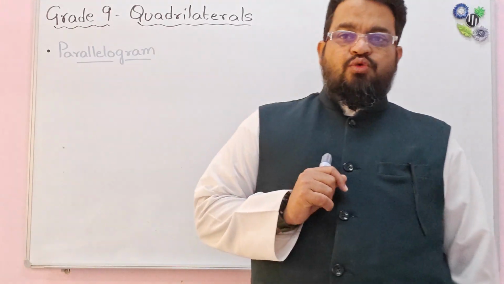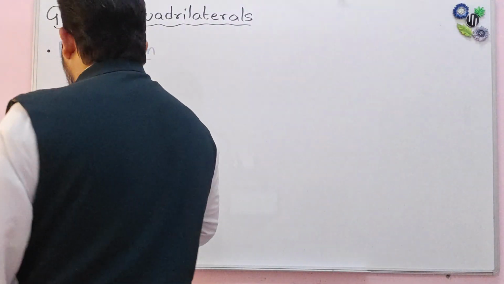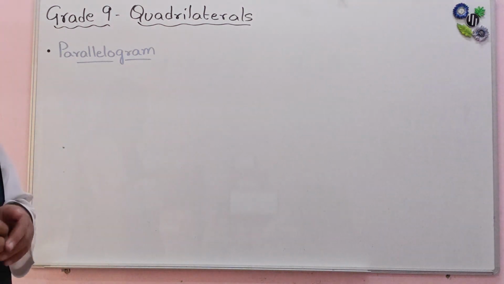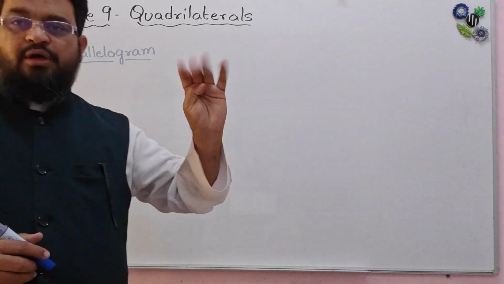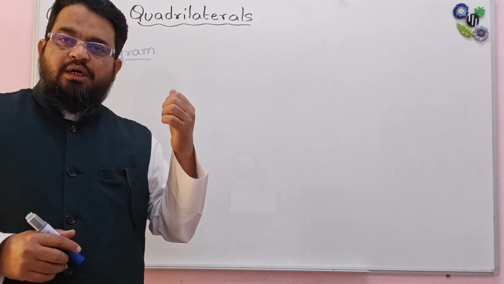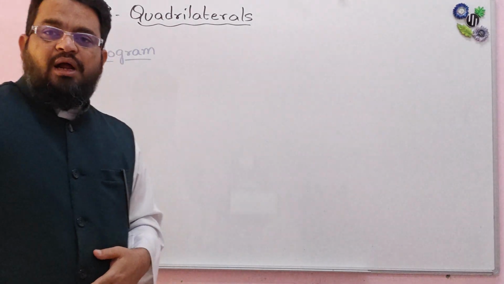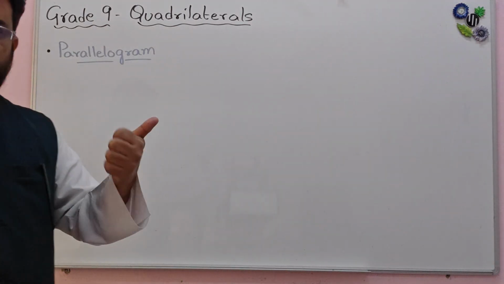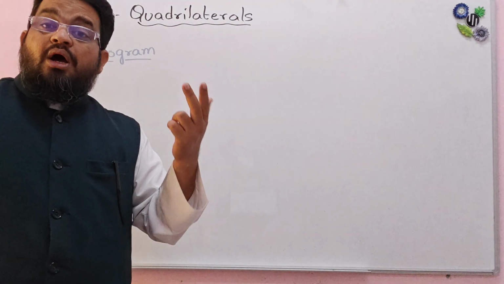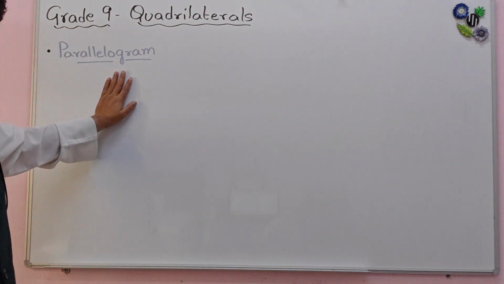Okay, in these quadrilaterals, one of the quadrilaterals we have is a parallelogram, and we have already seen that a parallelogram is a parent figure for 3 figures. What are those? Rhombus, rectangle and square. And this is the parent figure because rhombus, rectangle and square all satisfy the properties of a parallelogram. Understood?